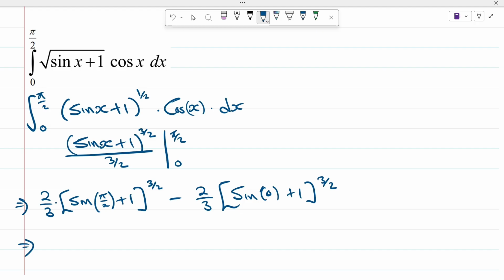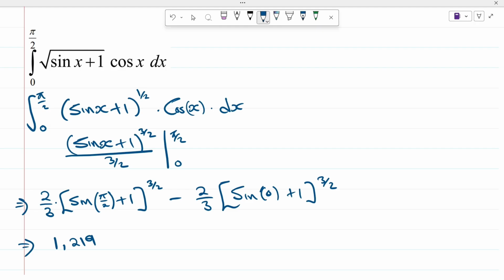You should be able to get something like 1.219 when you use your calculator. Remember to put your calculator in radians.